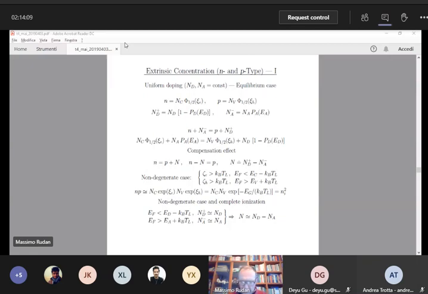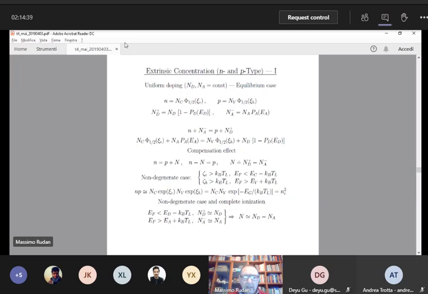So remember, we were left with the case of a semiconductor in which at the same time both donor and acceptor dopants are present, but we still consider the situation where the material is uniform in space.